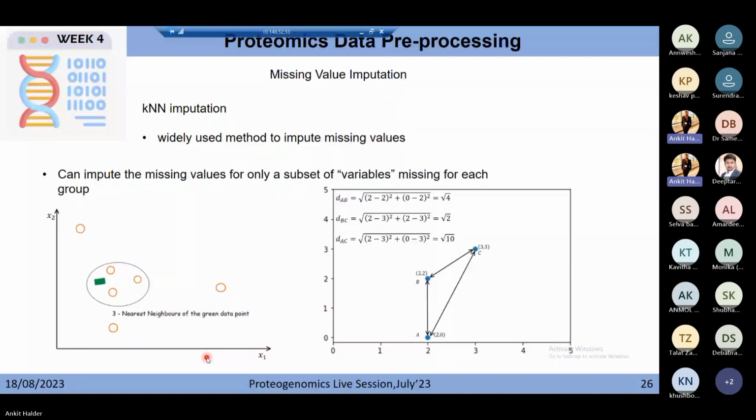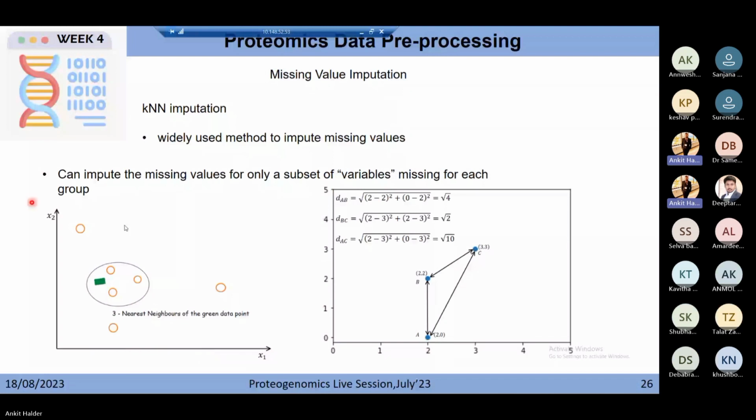So this is KNN imputation, which, as I told, is a widely used method to impute the missing values. It can impute the missing values for only a subset of variables for each group. So KNN imputation should be used in a feature group wise manner, for example, in a control data set and in the disease data set.